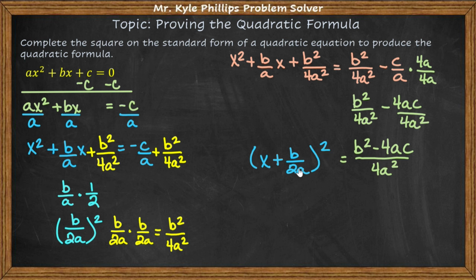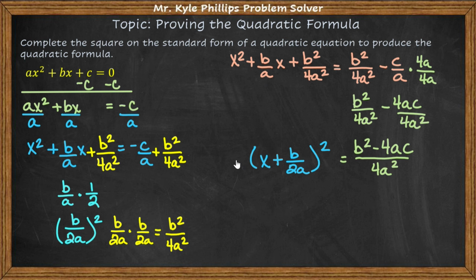Now, let's think about this. b over 2a times b over 2a gives me the b squared over 4a squared. b over 2a plus b over 2a gives me b over a, right? Because 1/2 plus 1/2 is a whole.